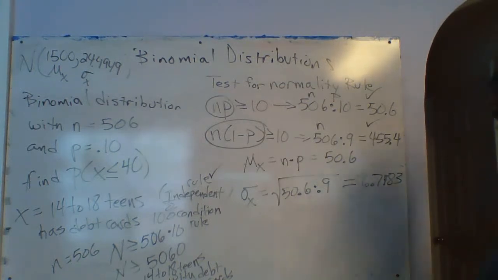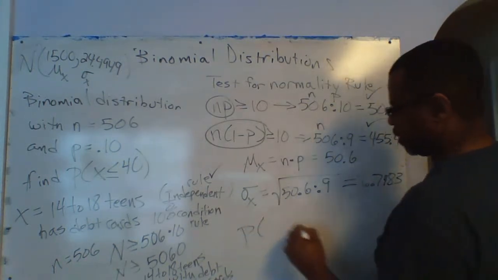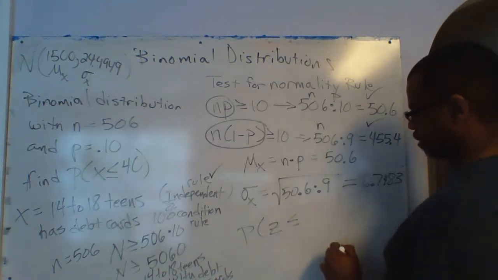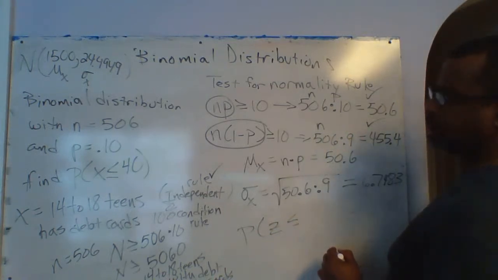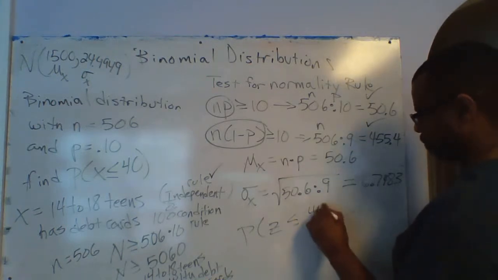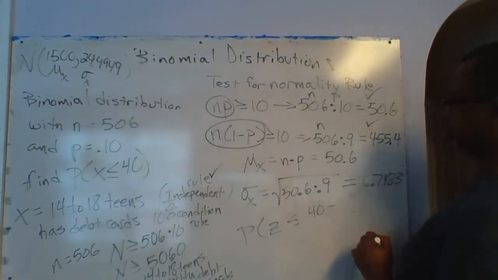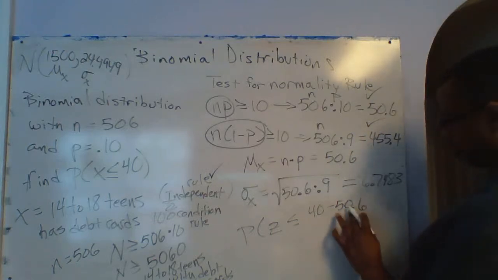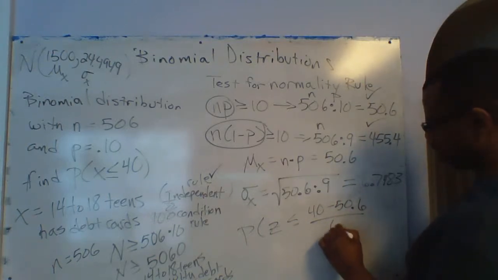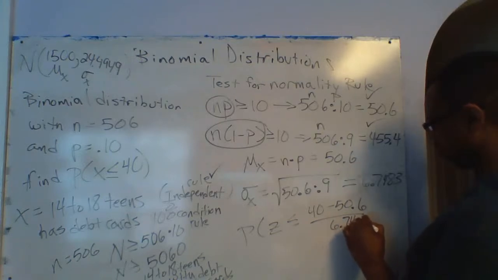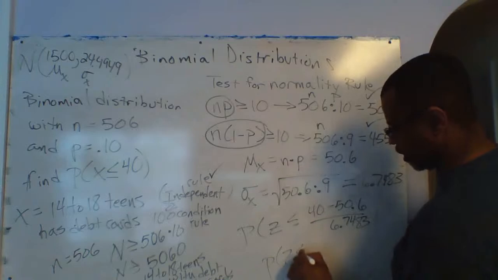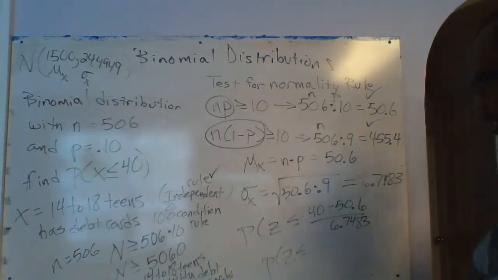I'm sorry. All right, so we're looking for the probability. So we'll just go to Z. So Z is going to be less than or equal to what we're looking for, 40. And then we're going to do the mean was 50.6. All that is divided by 6.7483. Then the probability of Z is less than or equal to, so let's find that number.